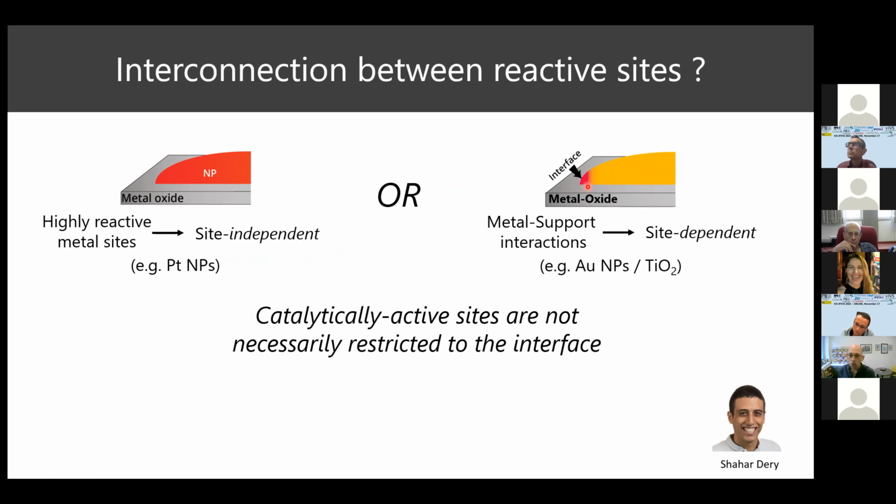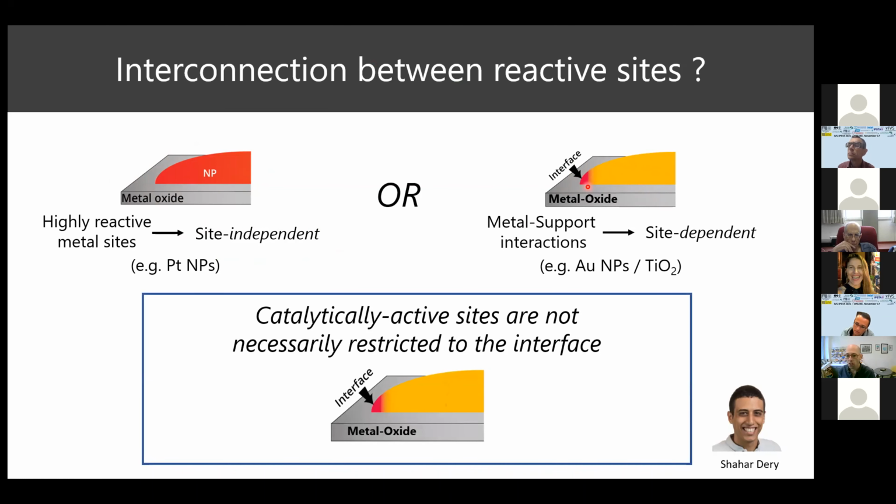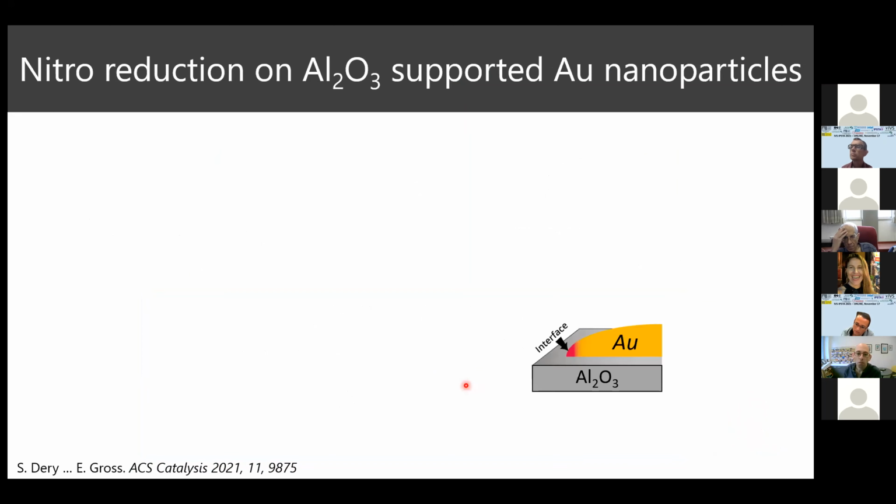And the question that we ask is, what about the other sites on the surface of this metal? We know that the interface is highly reactive, but what about the atoms on the gold surface here? Whether they are active or whether there is any influence of the interface on the reactivity of these metal atoms.